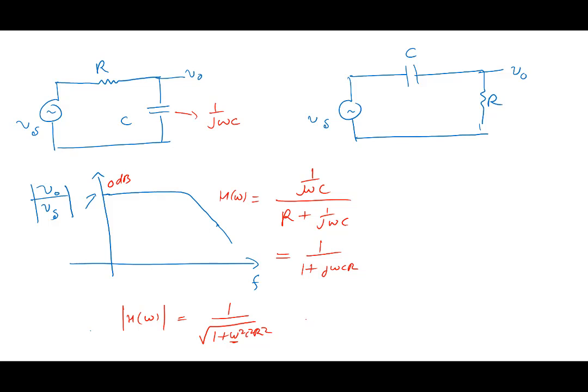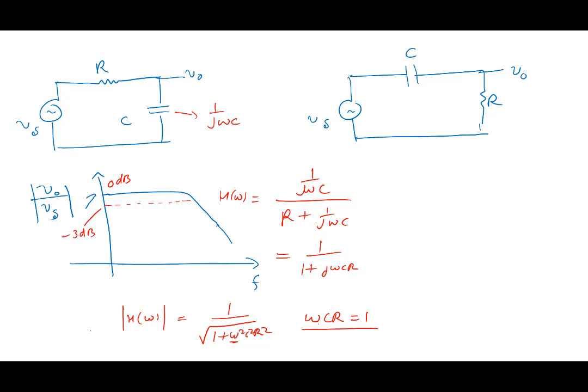And at omega CR equal to 1, we get 1 over root 2. But what is it in dB? 20 log 1 over root 2 would be 3 dB, right? So this point is minus 3 dB.